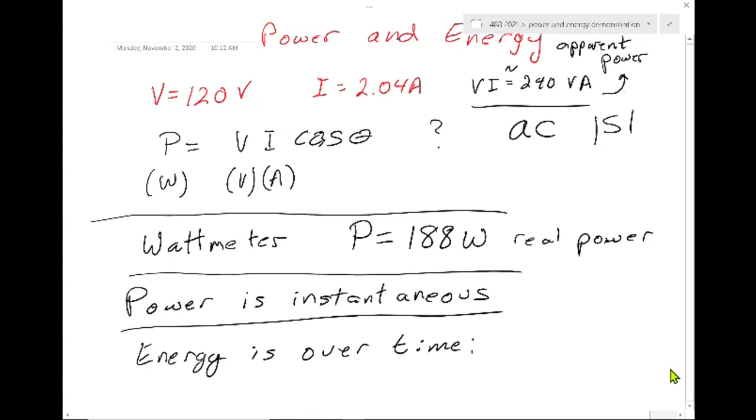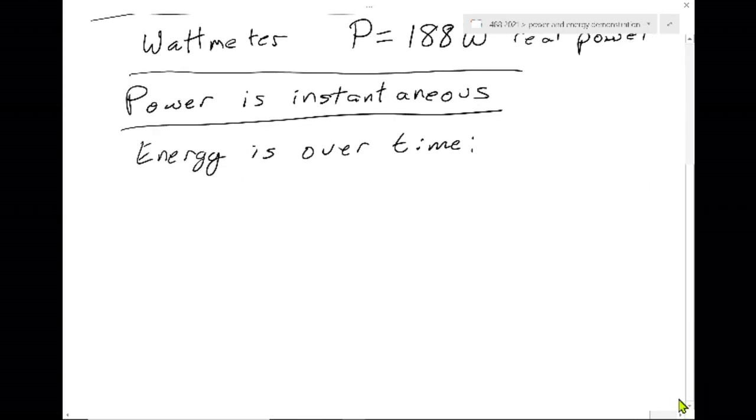What's the definition of energy in this case? We can write an equation using, oh no, calculus. Power as a function of time. Integral of power as a function of time dt. Integrate power over time and you have energy.